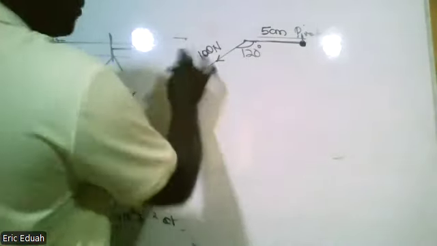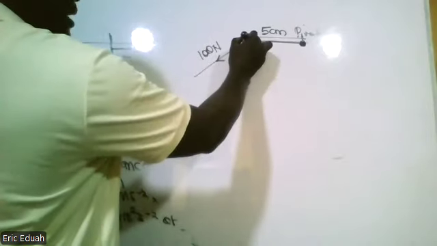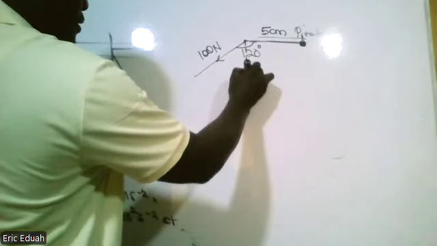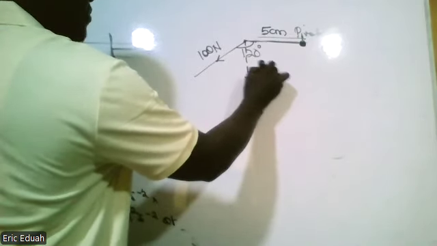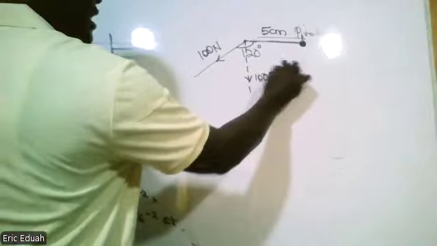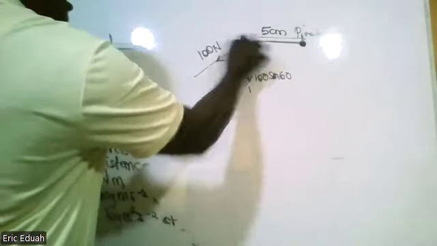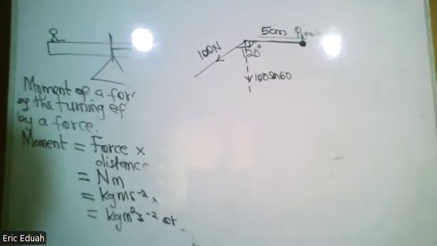So when we resolve this, the part can be equal to 100 sine 60. And this is the part perpendicular to the pivot.